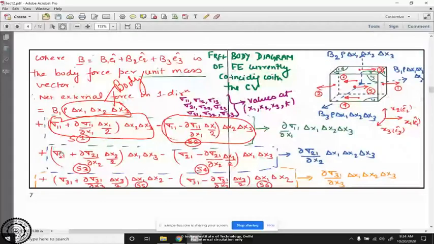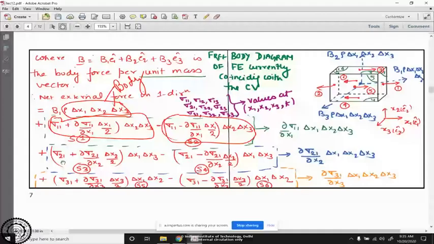I go to surface 3. Surface 3 has outward normal along the 2 direction. So sigma 21 is of relevance, not sigma 22 and not sigma 23, because I want the force in the one direction on the surface which has unit normal in the two direction.